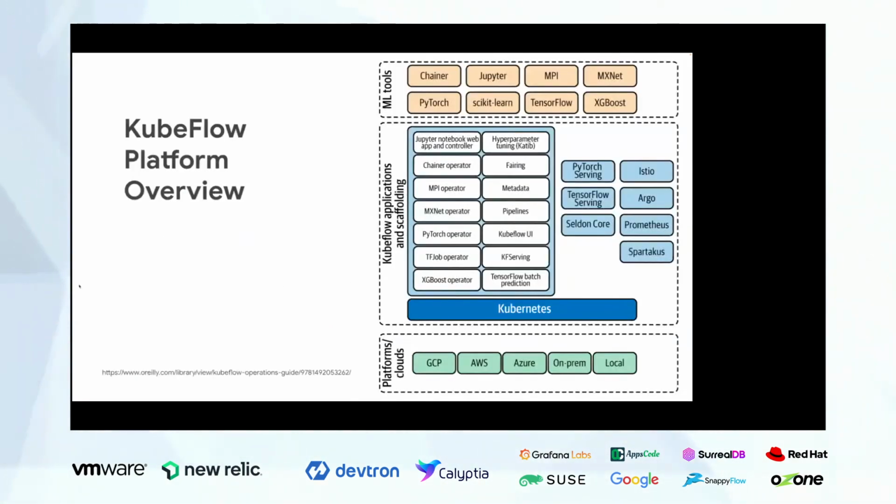This is an overview of the different components that are part of Kubeflow. I won't go into the specific details, but I can briefly highlight that it has three major logical component groupings. One is your ML tools, which is any machine learning framework that you can pick from open source and use with Kubeflow.